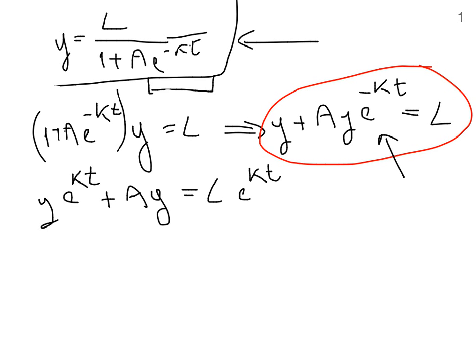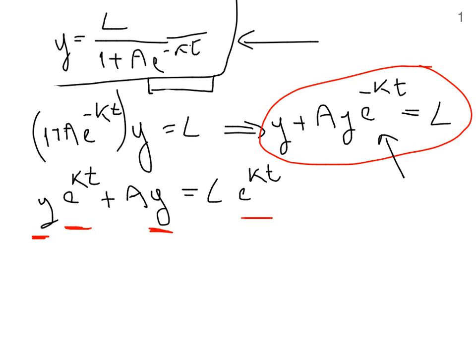Okay, so now what are the parts that depend on t? Well, y and the exponential of kt. So let's now try to take the derivative of the left and right terms with respect to t.